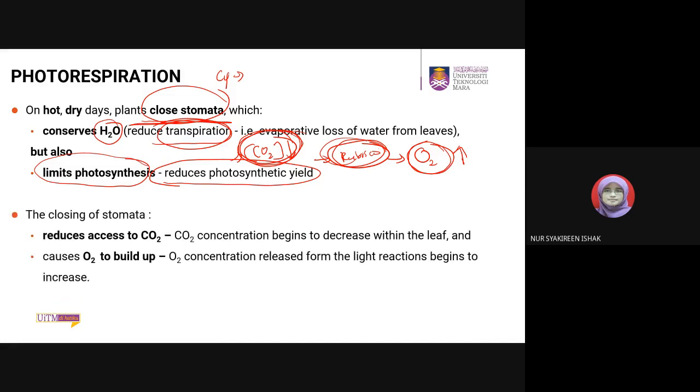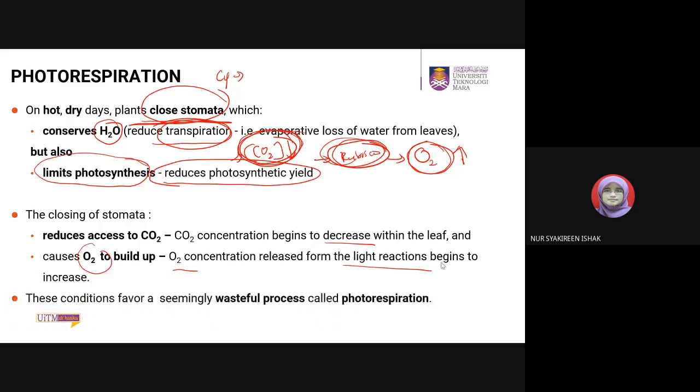Carbon dioxide concentration begins to decrease within the leaf, causing oxygen to build up because oxygen is the byproduct of light reaction. Okay, so this condition favors a seemingly wasteful process which is called photorespiration. It occurs during hot dry days, okay, where photosynthetic yield is really low.